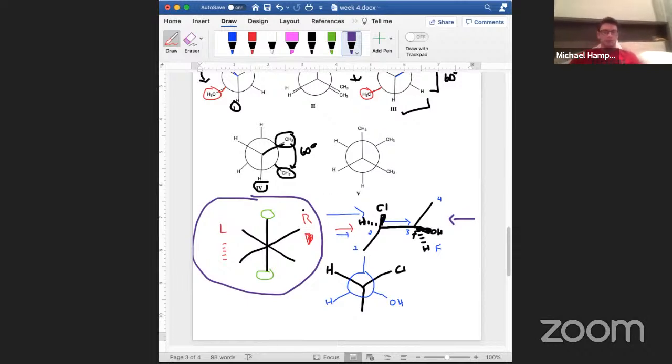But in general, this is the rule of thumb you can use going from your bond line to a Newman. All he would have to do is say, hey, what is the Newman conformation for this bond line structure? So what would you do? Go to your Newman from the bond line, and there you have your conformation for that given bond line. Does that make sense?